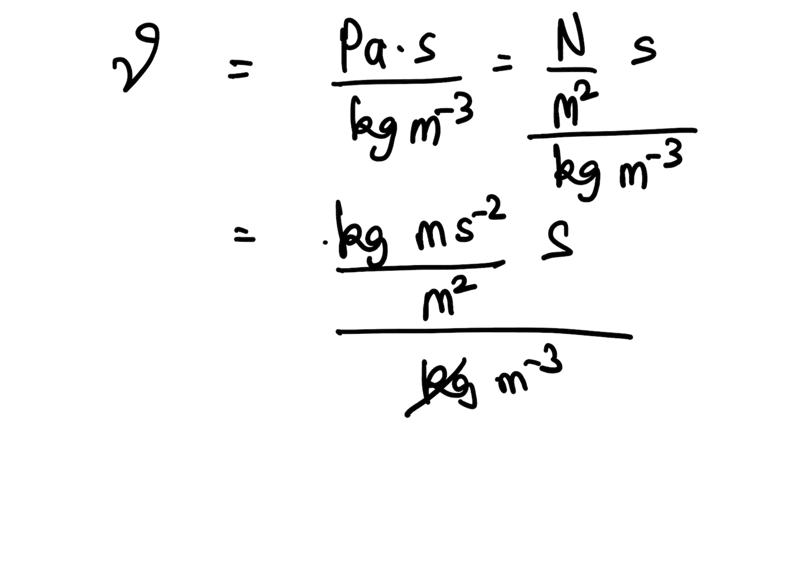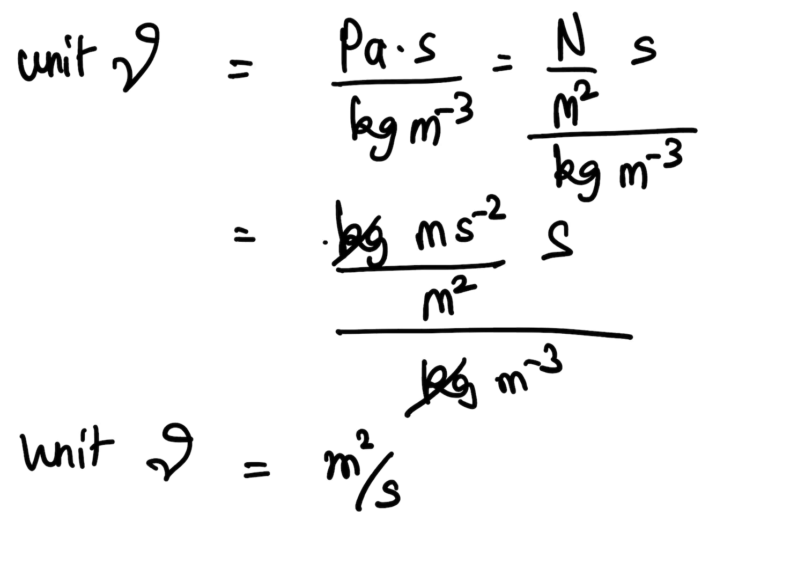So if you cancel out kg, this is going to be meter squared per second. Okay, that is the unit of kinematic viscosity, meter squared per second, or the dimensions of kinematic viscosity is length squared per time.